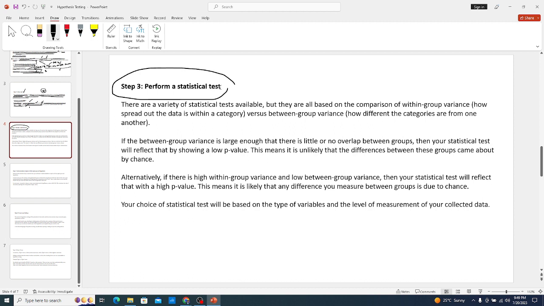a statistical test. So we have all the variety of statistical tests available, but they are all based on the comparison of within group variance, or how spread out the data is within a category.